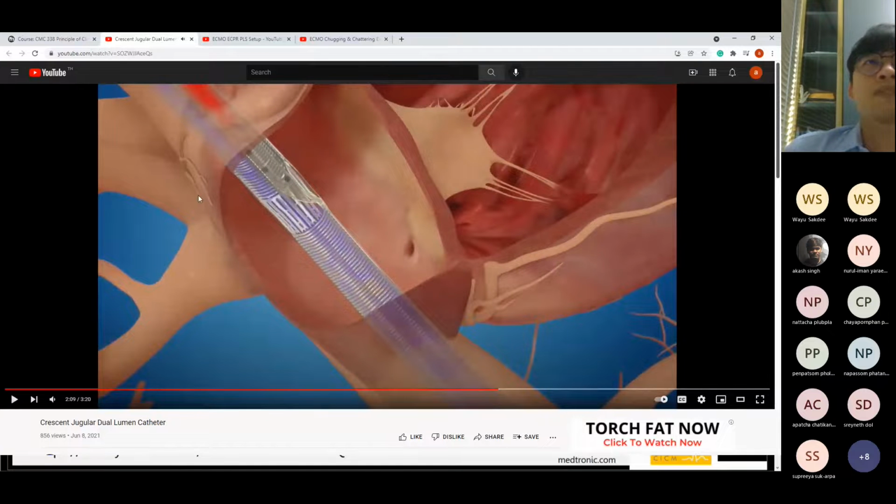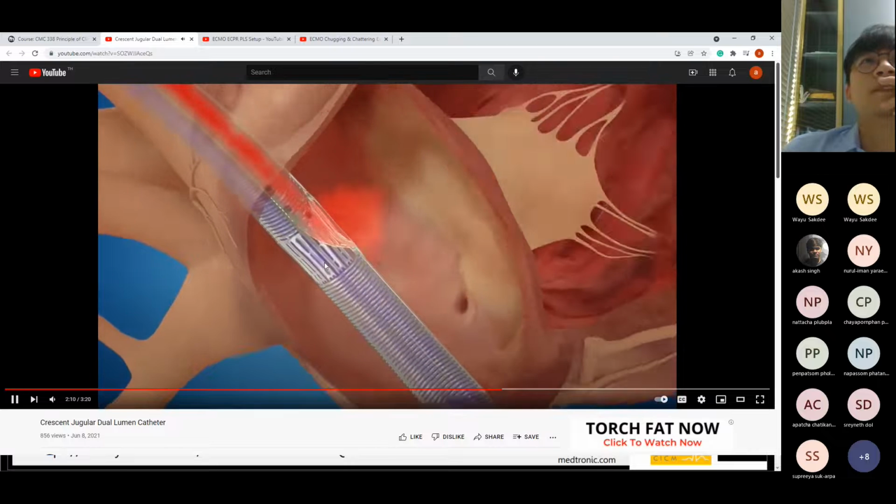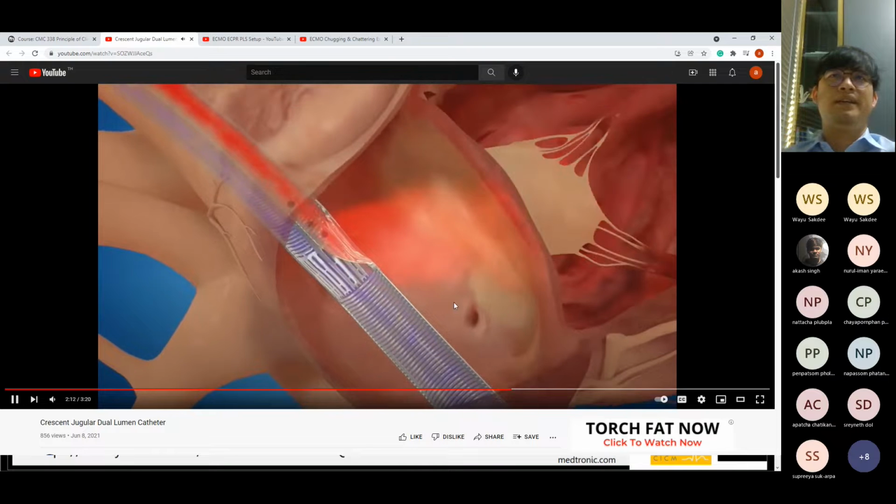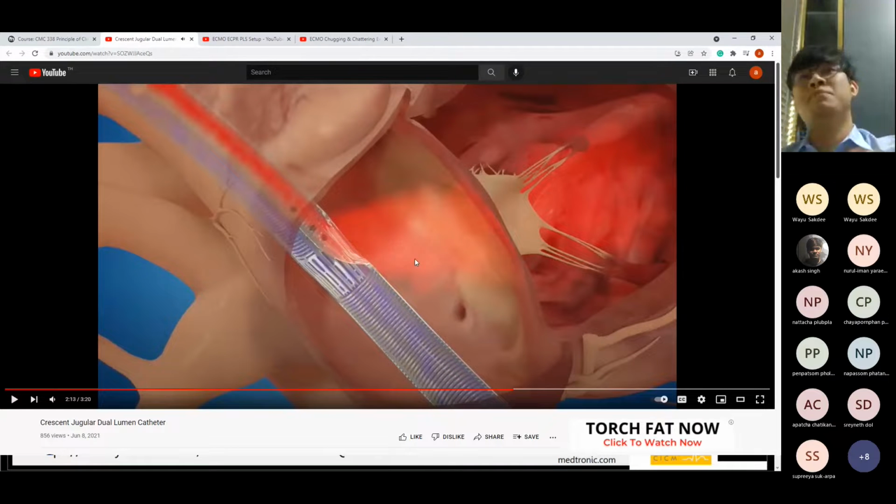So the blue blood is going to go to the circuit, right? After the ECMO has exchanged it, it's going to go back through the other side hole. And from here, the red oxygenated blood goes to the heart, and let's say this is the RV, and the RV pumps to the lung.